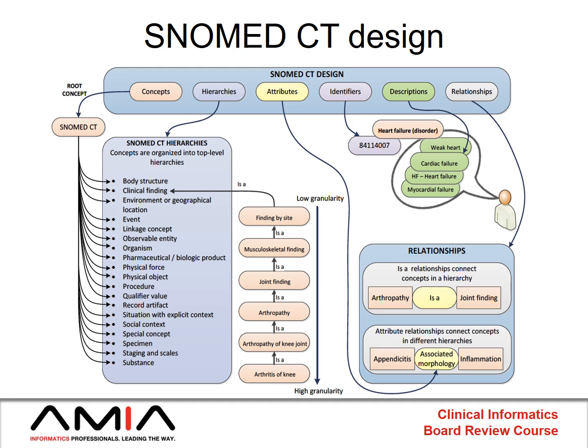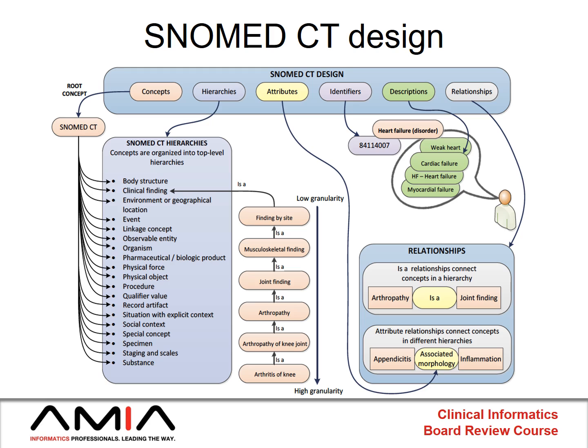SNOMED descriptions are the canonical or preferred terminology for a given concept, and then there are synonyms to those descriptions. There are also relationships, and some of these relationships are attributes.